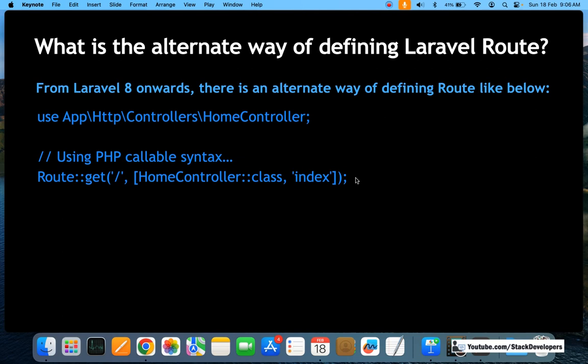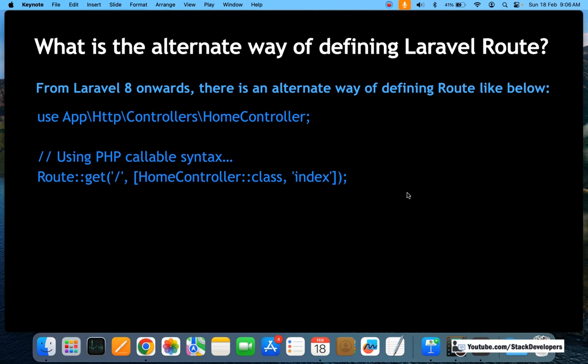Here is the difference: the controller name, which you have already included at the top of the route file, whether it is web.php or api.php, will come up here, along with this class, and after that the function name. So this is the alternate way of defining the route.